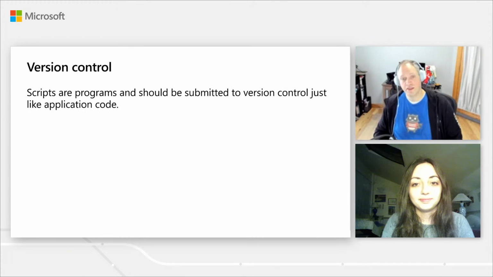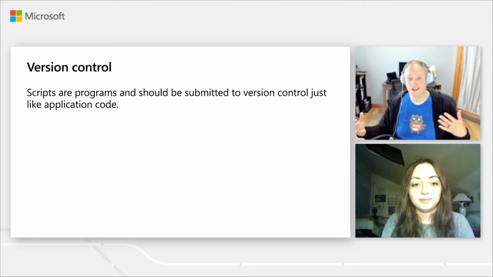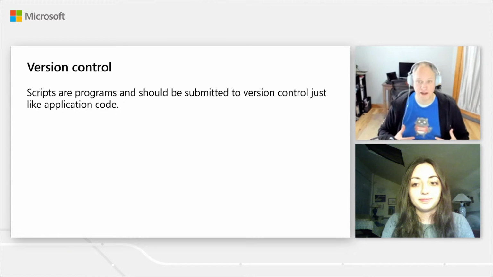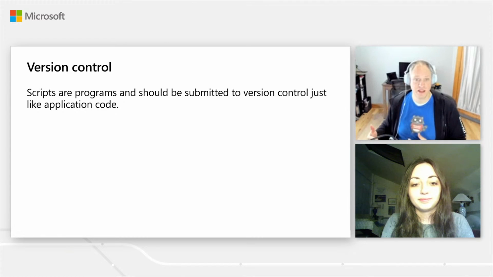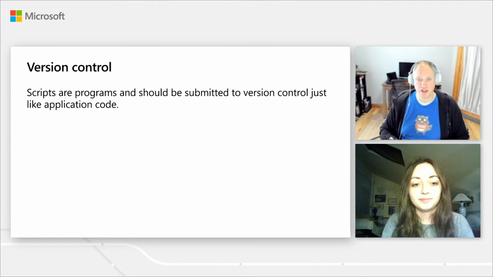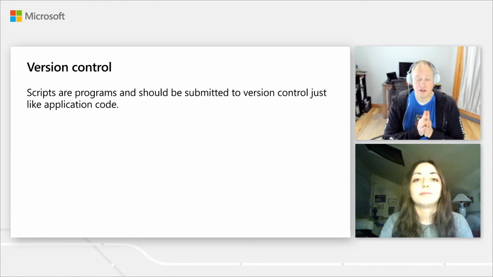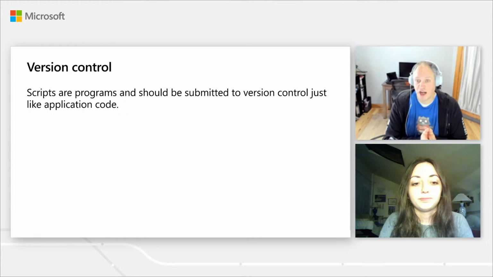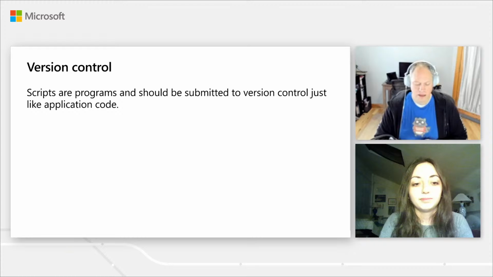Now, this is one thing that we as an industry, I think, have not been so good at, and that's treating the scripts that run our infrastructure with the same care and professionalism that we treat the software that we develop. Now, scripts belong in source control. It gives us history, change tracking, and it lets everyone know what the current version of the script is.